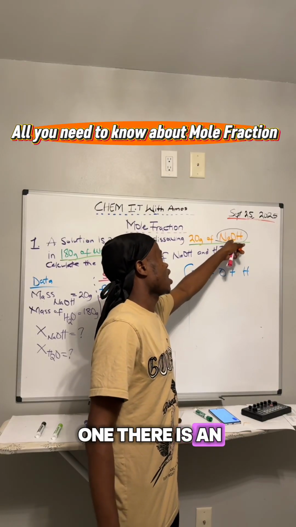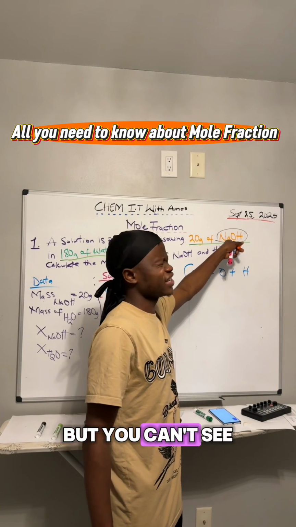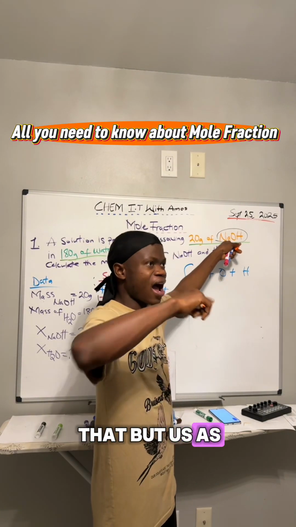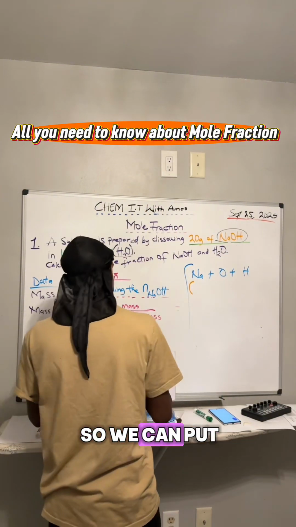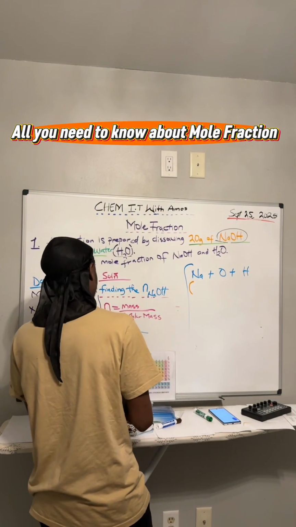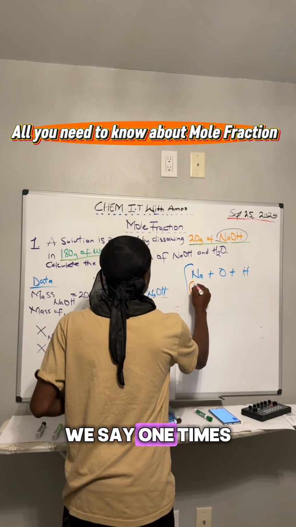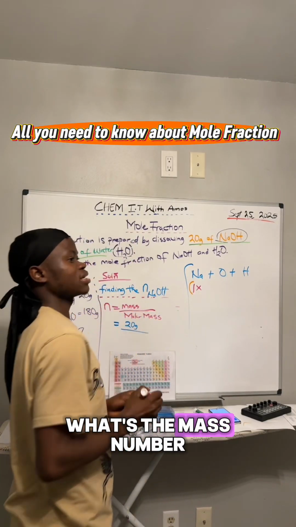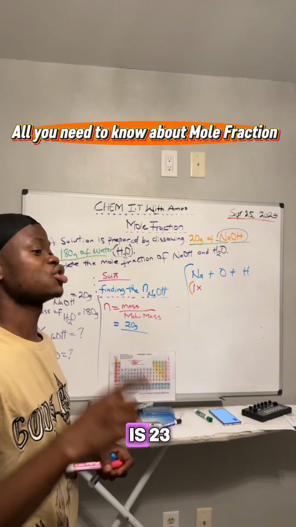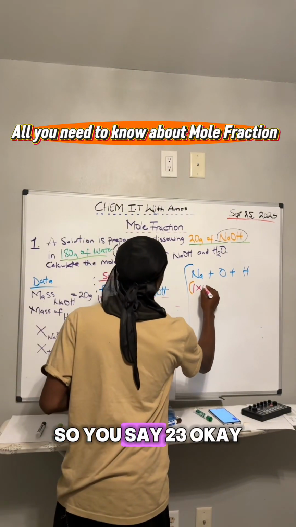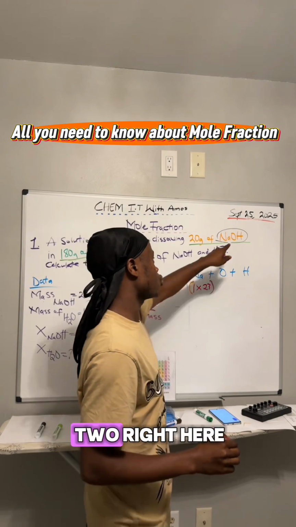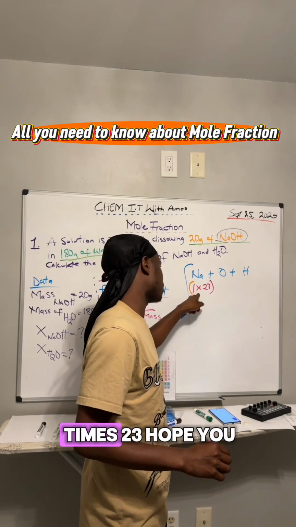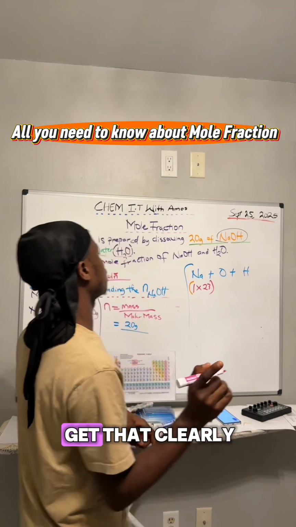There is an invisible 1 here, but you can't see that. For us as chemists, we see that. So we can put 1 right here. We say 1 times, what's the mass number of sodium? We say it's 23. Okay? So if there was 2 right here, it would be 2 times 23. Hope you get that clearly.